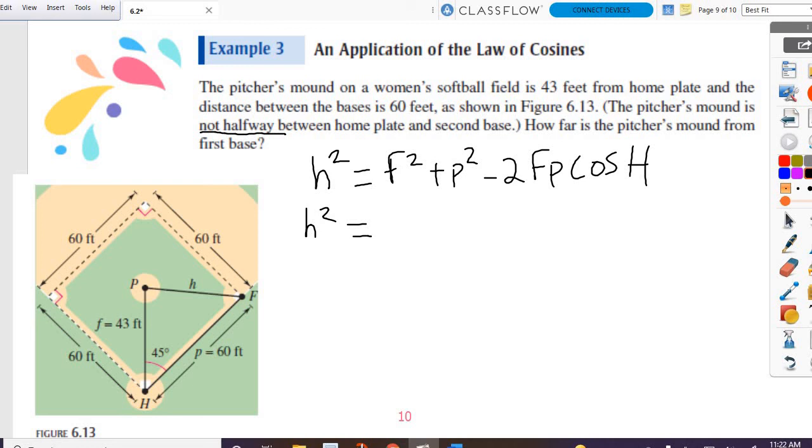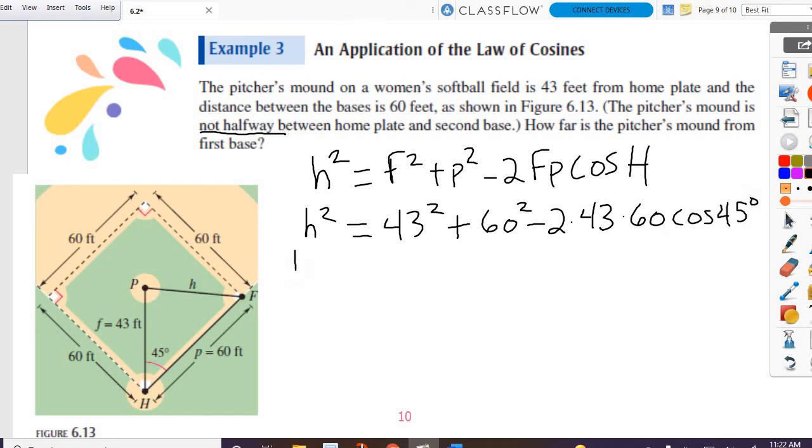So F is 43, so we would have 43 squared plus 60 squared minus 2 times 43 times 60 times cosine of 45 degrees.